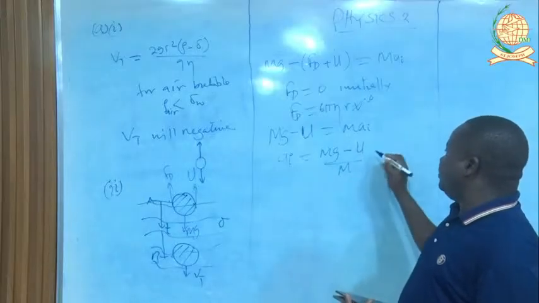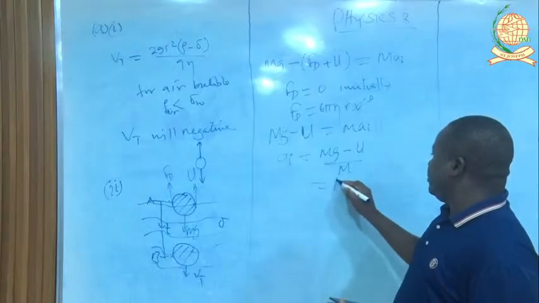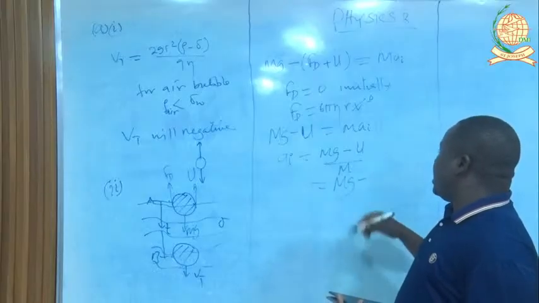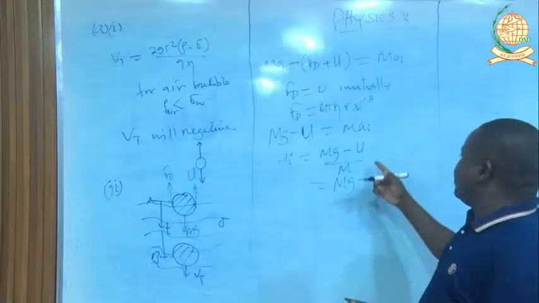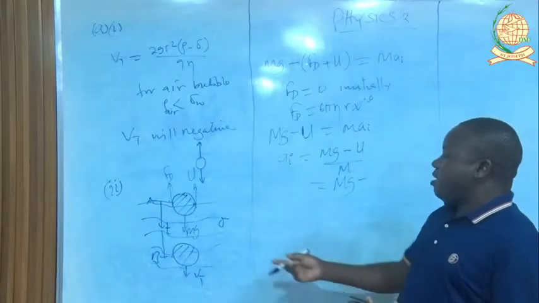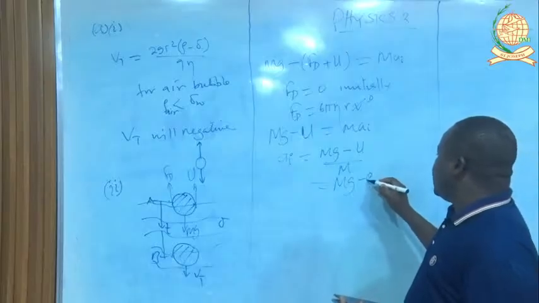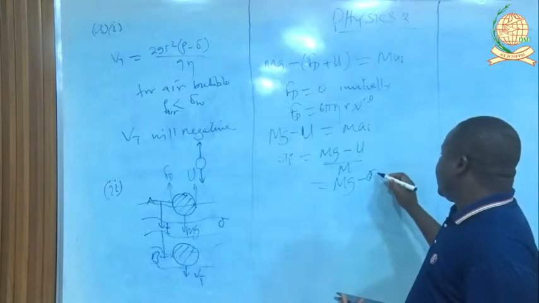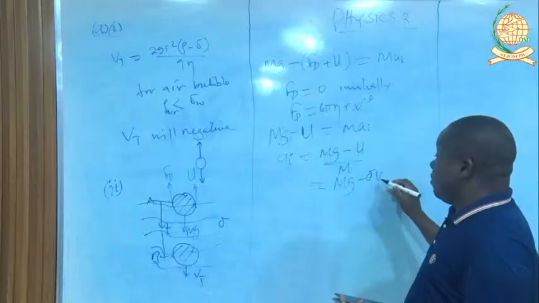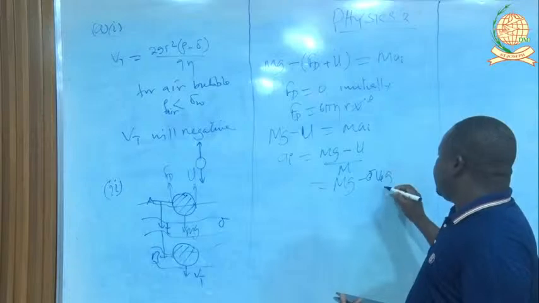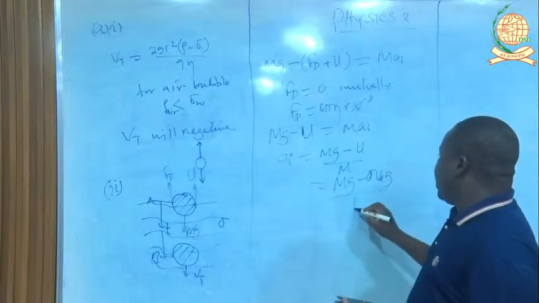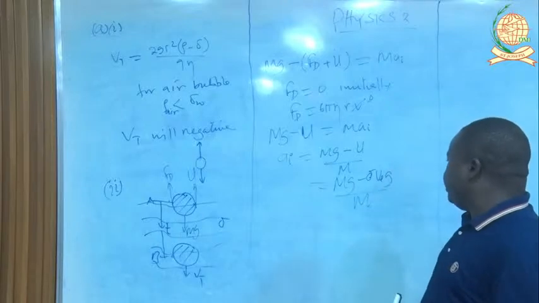Upthrust, according to Archimedes' principle, is equal to the weight of fluid displaced. So it is the density of the fluid times the volume of liquid displaced times g, divided by the mass of the solid.